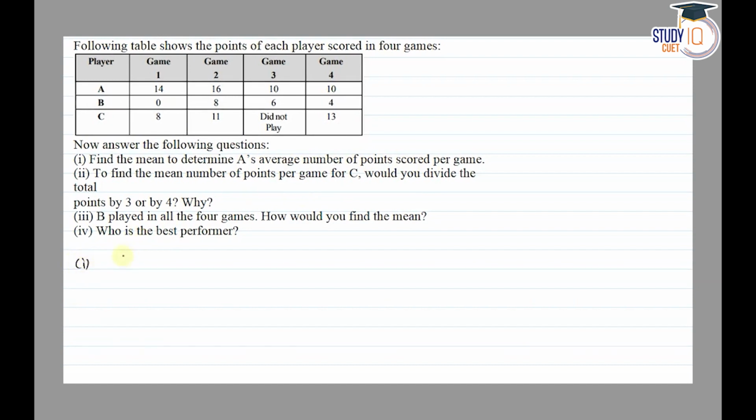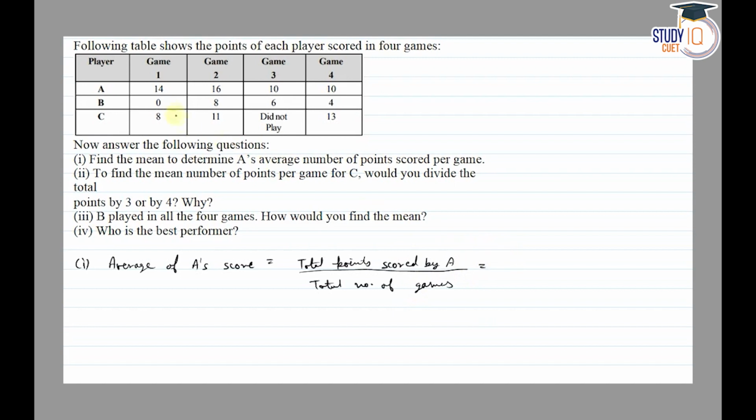So first, average of A's score is equal to total points scored by A upon total number of games.